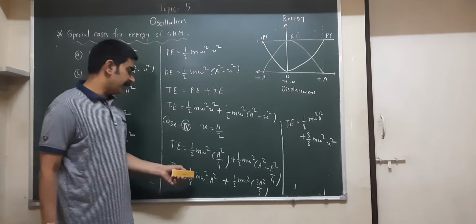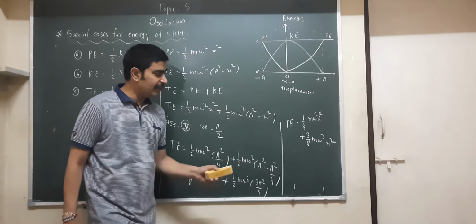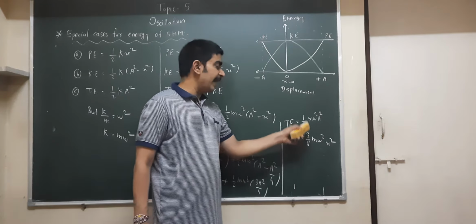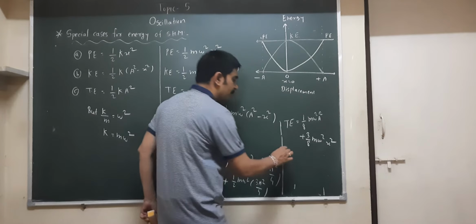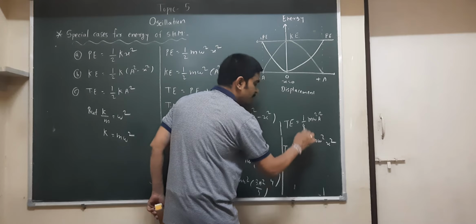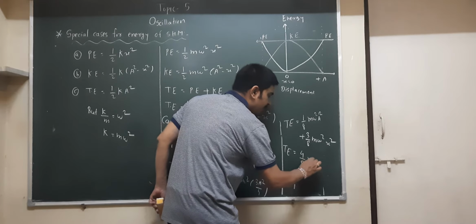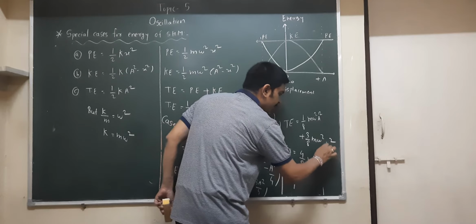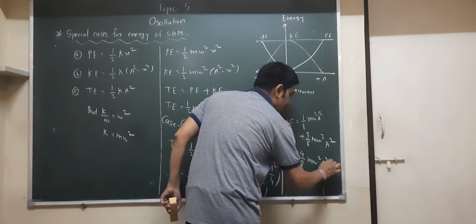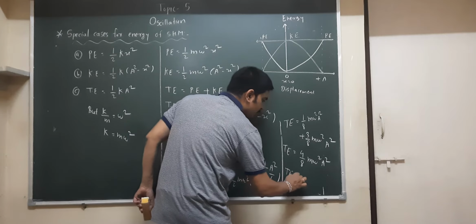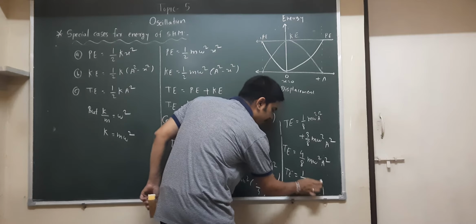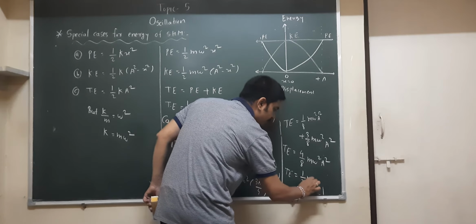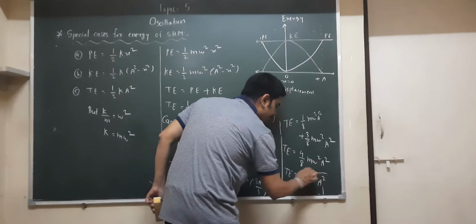This is the part regarding the potential energy and the kinetic energy. If we add this, we get the total energy equal to (3 plus 1) which is 4 by 8 m omega square a square. So the total energy is equal to 1 by 2 m omega square a square.